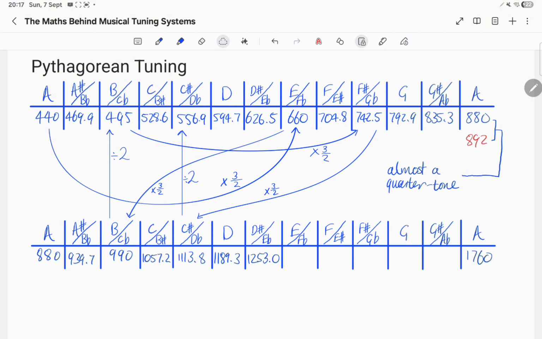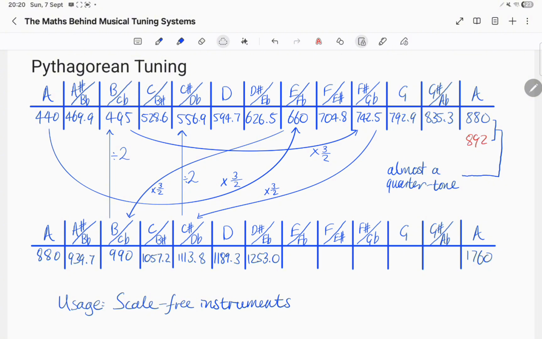Another issue that means it is not used in modern day music is that the third, which in modern day music is considered consonant, is out of tune in the Pythagorean system. There is, however, one small use case remaining for the Pythagorean system.